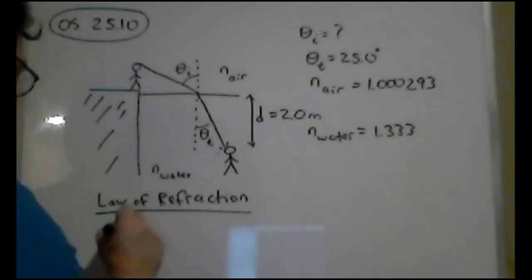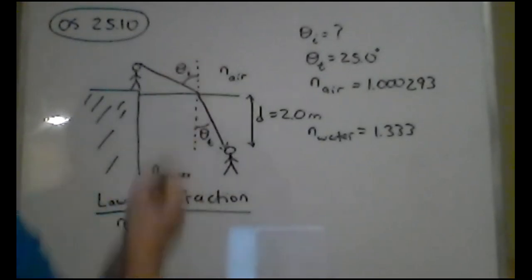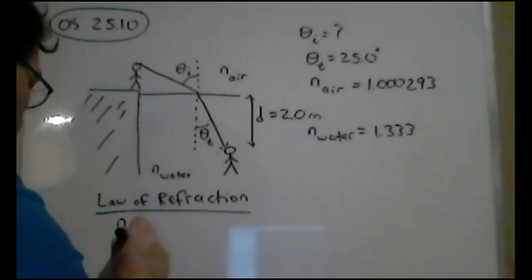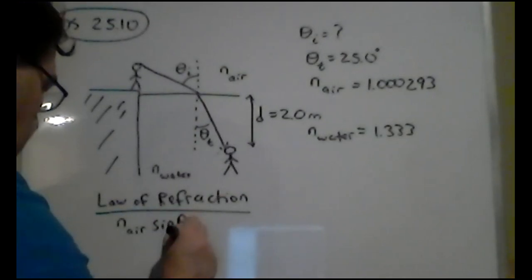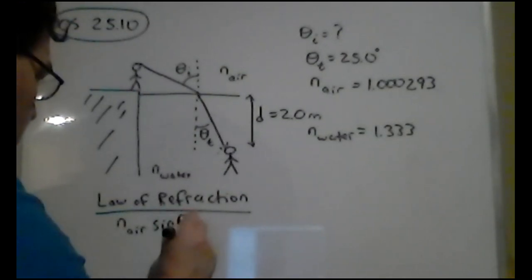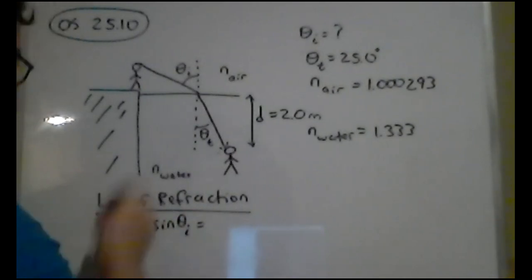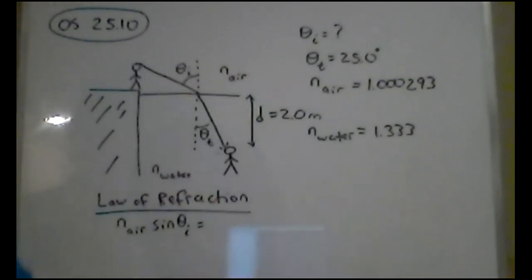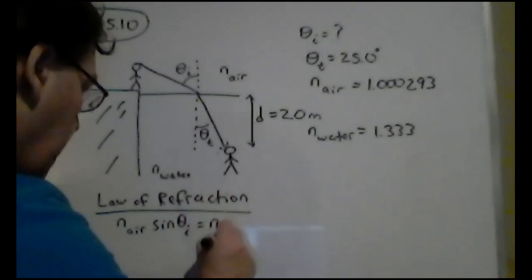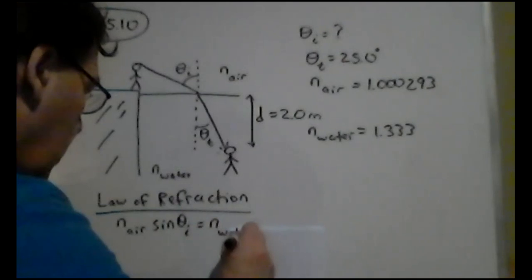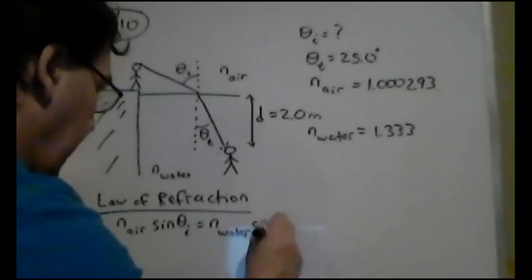And again, that's going to be n air sine of theta sub initial, or theta sub incident, equals, again, n1 sine theta I equals n2 sine theta t, while n2 in this case is n water, times the sine of theta transmitted.